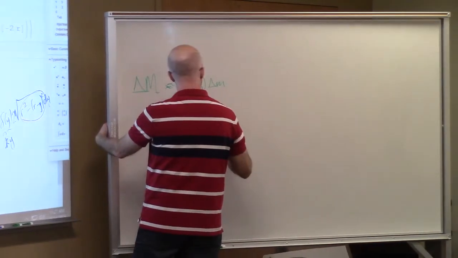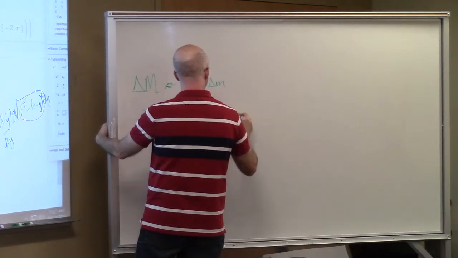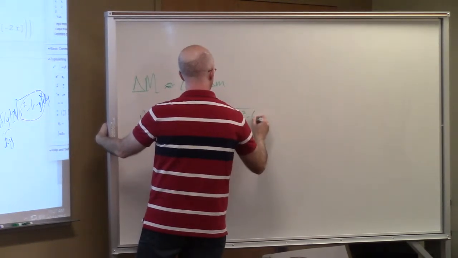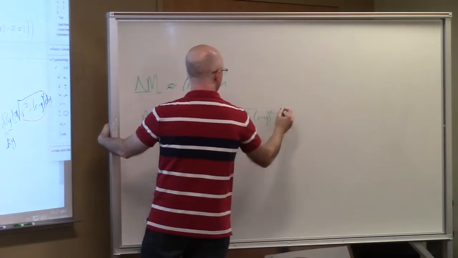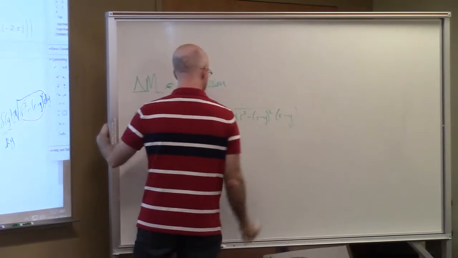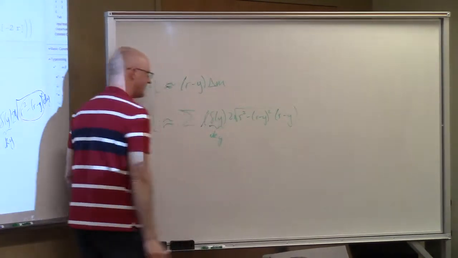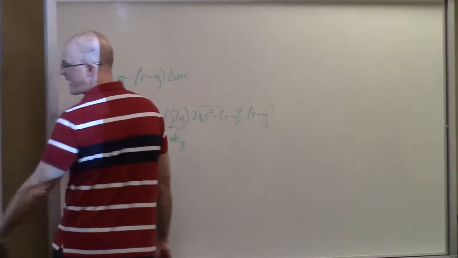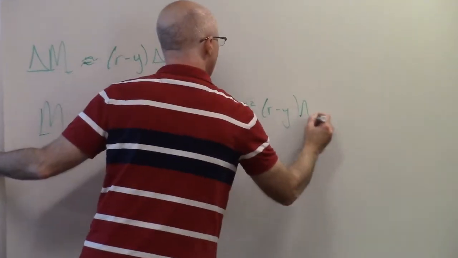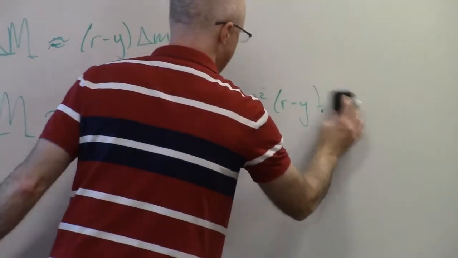So it seems like it should be L delta y 2 square root of r squared minus r minus y squared. And then don't forget to multiply by r minus y. Isn't that nasty looking? And again, this is k times y. Then we let delta y go to 0, and I forgot my delta y, didn't I? Delta y here. We let delta y go to 0 to get an integral.